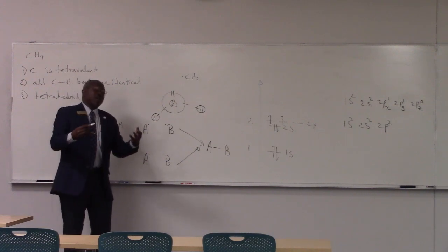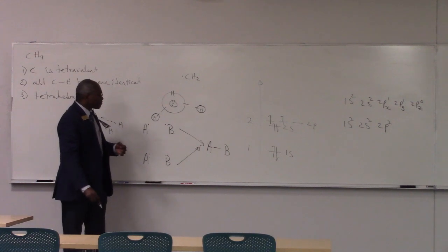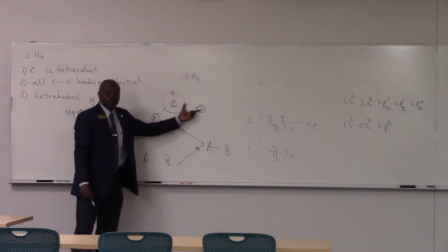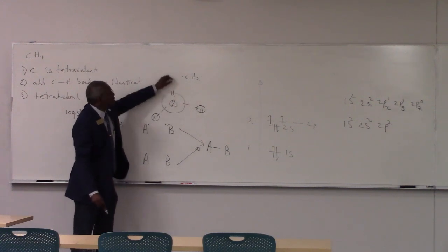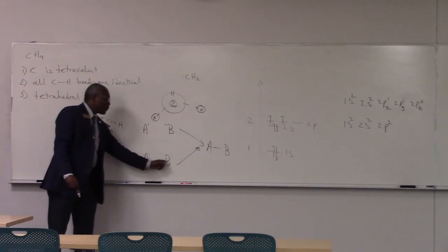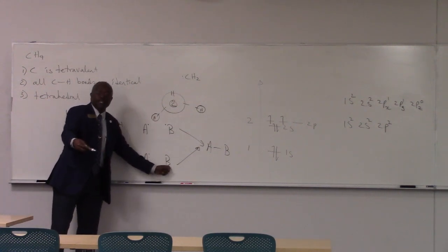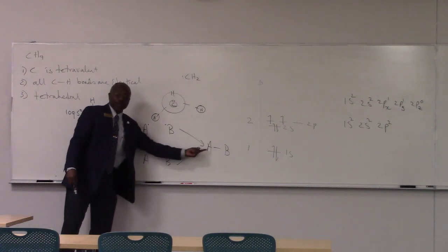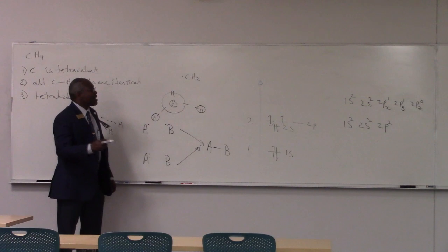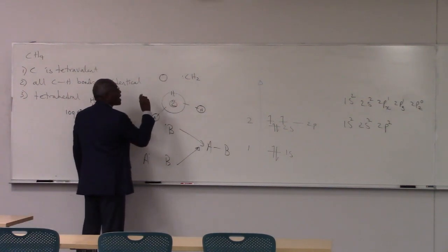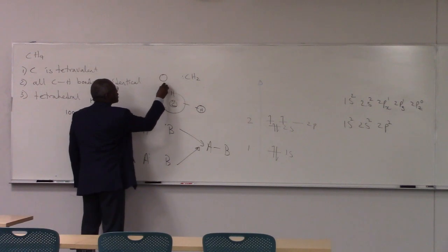Now, I can make the argument that maybe it bonds with H's to form two normal covalent bonds, and then uses the lone pair to bond with an H that has no electrons and form another bond. Okay, and all the CH bonds will be the same. But if that's the case, the H would have had to come in with no electrons, and that is H plus.